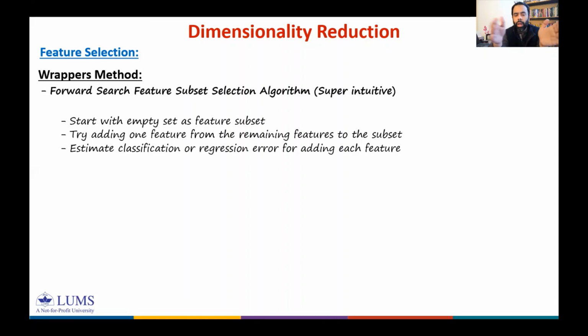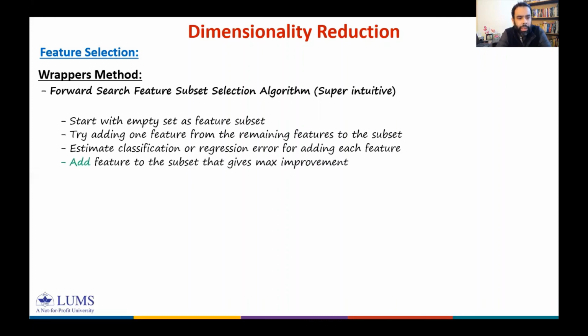And in this way, you will have D possibilities, because we have D number of features. Out of these D possibilities, for the first time, you will pick a feature that gives you the maximum accuracy for the classifier, or maximum improvement when you add subsequent features.